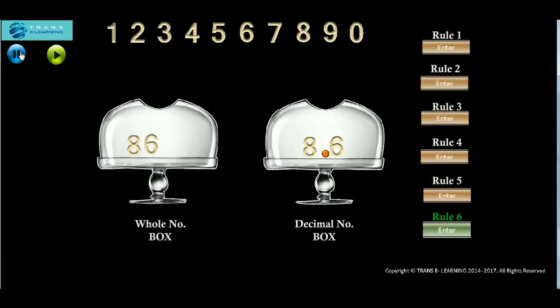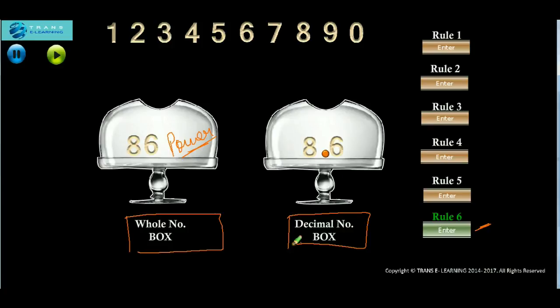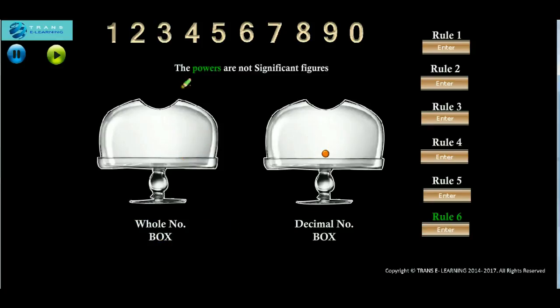So that means power here in case of whole number also is not considered as significant. So as per the rule 6, power in case of decimal number and in case of whole number is not considered as significant. So the rule 6 implies that the powers are not considered as significant figures.